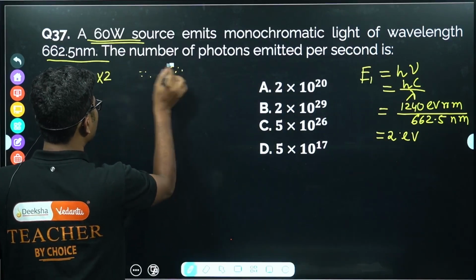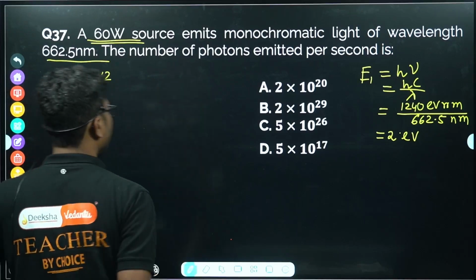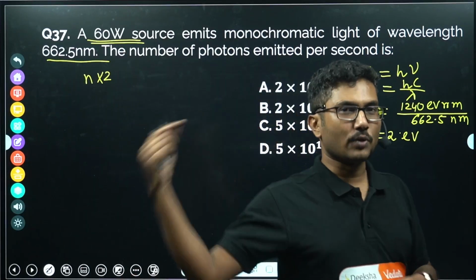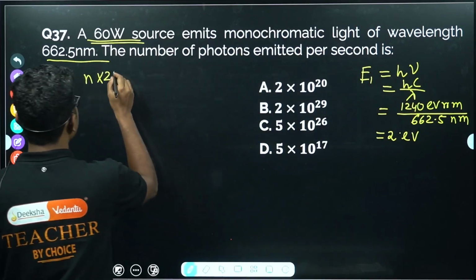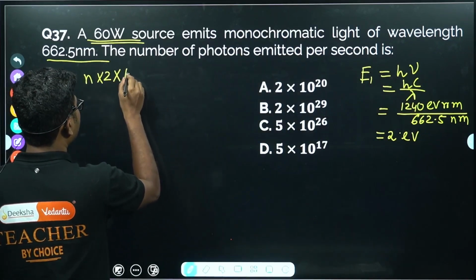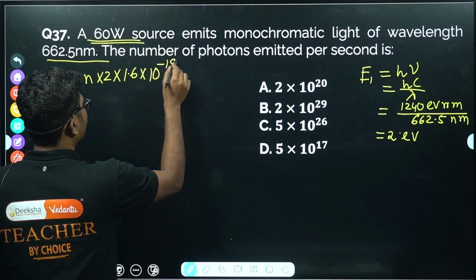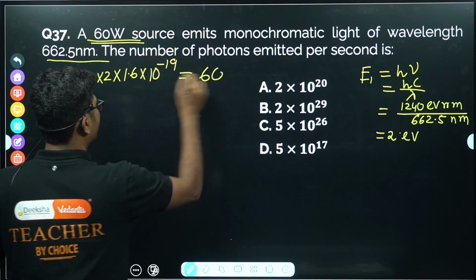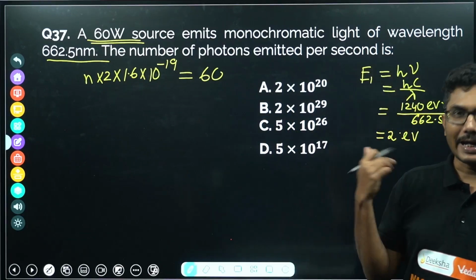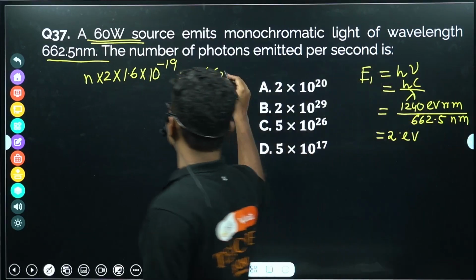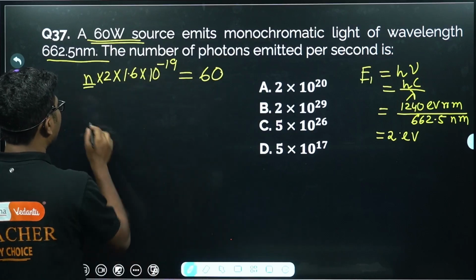This is per second, so watt becomes joule, it does not matter. 60 watt times 1 second is 60 joules on our right hand side, while on our left hand side it is eV. So we cannot compare them, so we have to convert it into joules. So it will be equal to 60. 1 eV is 1.6 into 10 to the power of minus 19 joules. So we have converted successfully. Now we just need to solve it to find the value of n.